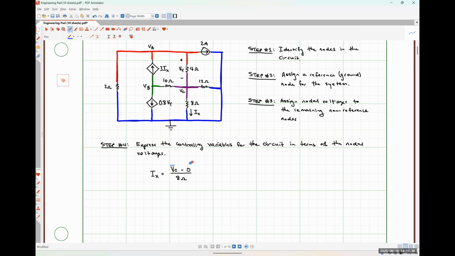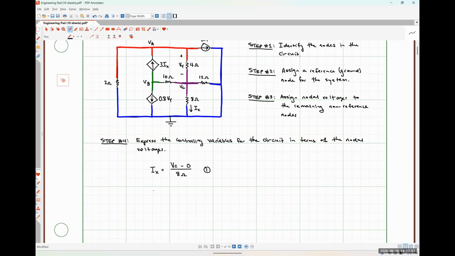Let me erase these extra lines and things like that. And this is our first equation for this system. Our second equation is going to be for our second controlling variable, which in this case is just going to be the voltage Vy, which is defined as the voltage drop across the 4 ohm resistor.